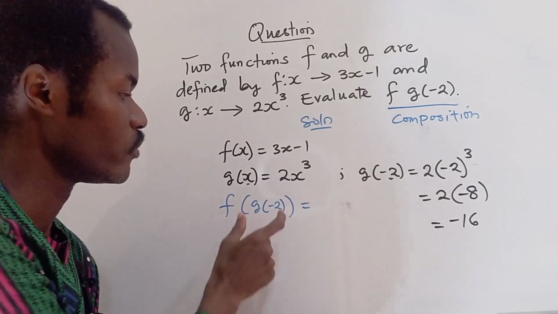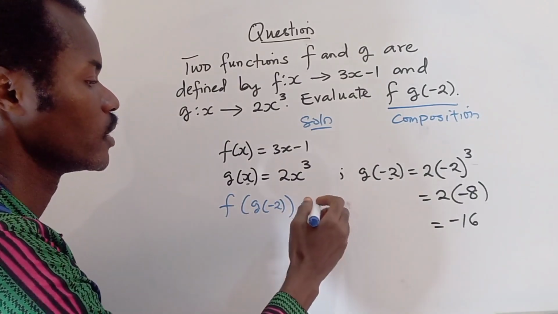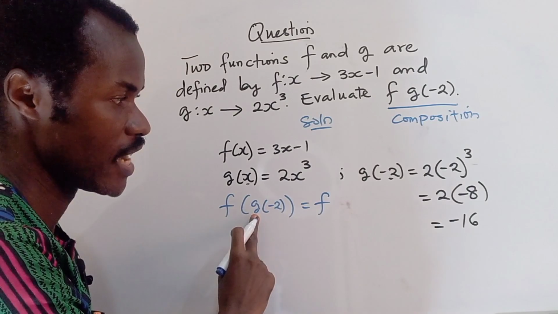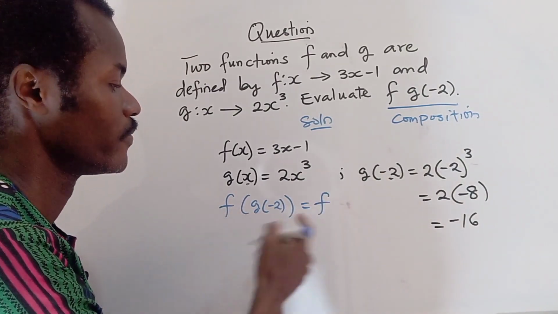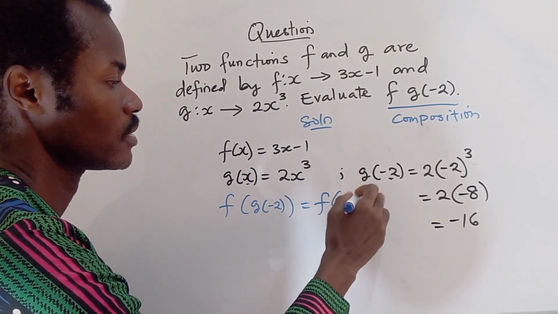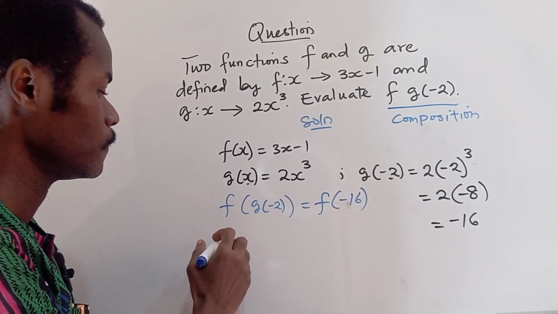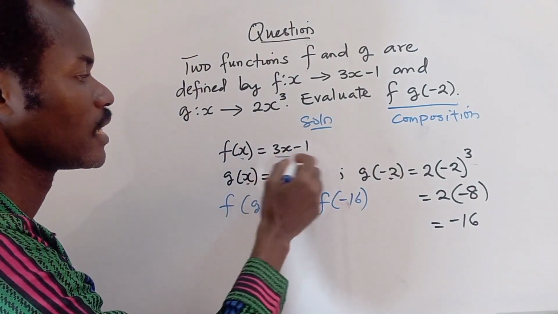So now that we have g at point minus 2 as minus 16, we are going to input it right here. Since g at point minus 2 is minus 16, we want to solve f at point minus 16. So how do we solve it? Remember our f of x is 3x minus 1.